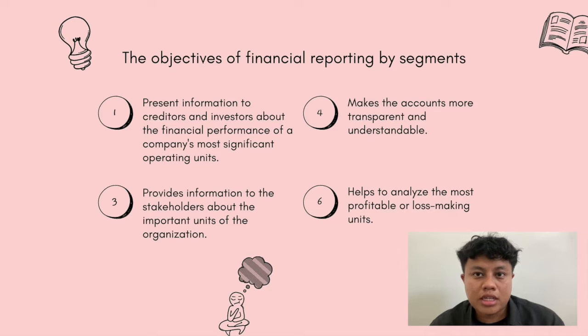The second objective is to provide information to the stakeholders about the important units of the organization. This information helps them to evaluate and make decisions about the investment. Stakeholders can make informed investment decisions if they are aware of the revenue, expenses and other ratios of each business unit.